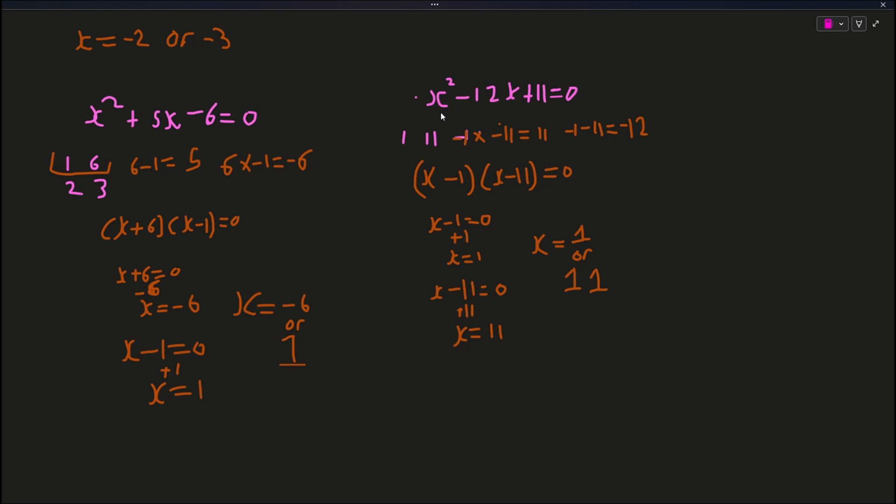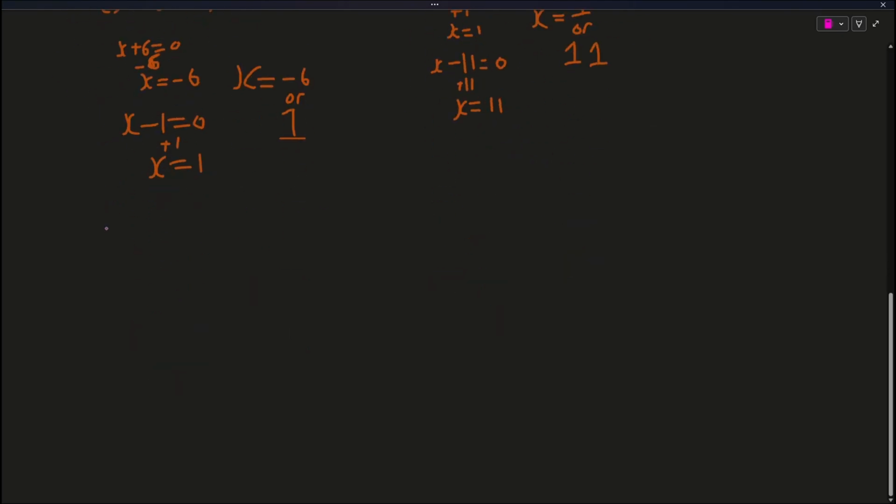Okay, so how can we summarize the process? One simple method that might help you: first check the factors of the last number. I'm making it simple for you to remember.